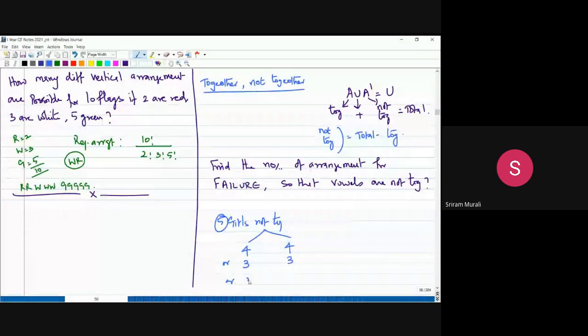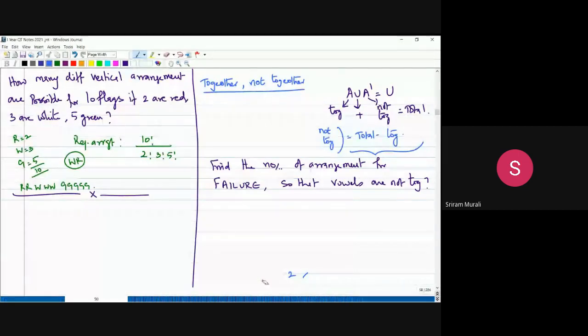Or two girls can be together, two girls need not be together. There is no case for 1 and 0 because together means minimum 2 will be there. So for five girls not together, how many cases are we discussing? 1, 2, 3, 4, 5, 6. Instead of discussing these 6 cases, we can directly write it as total minus together. That is why this one-step calculation is helping us to find the not together.